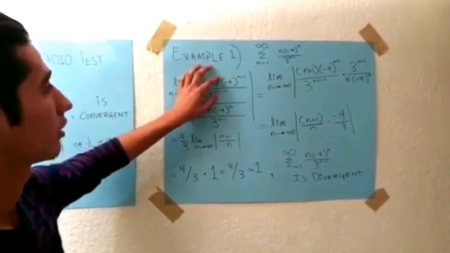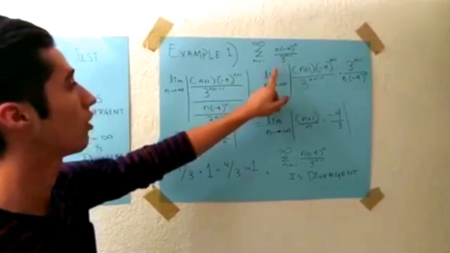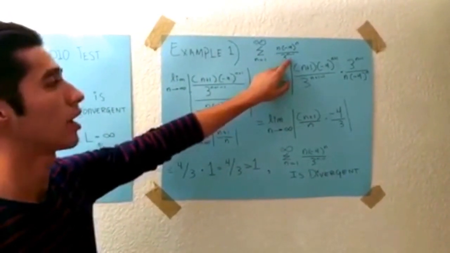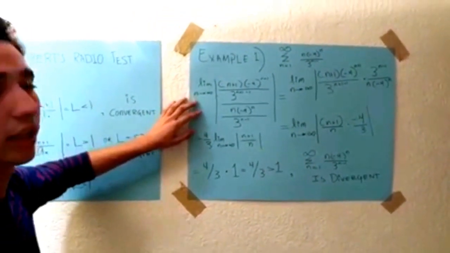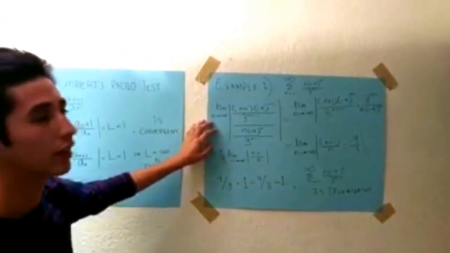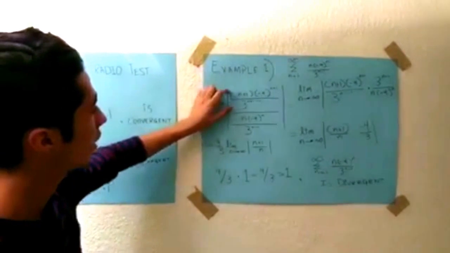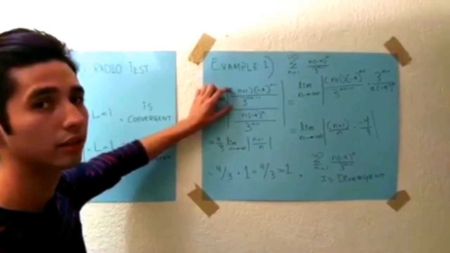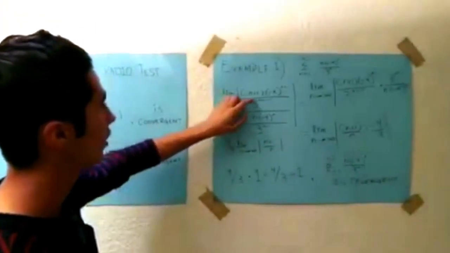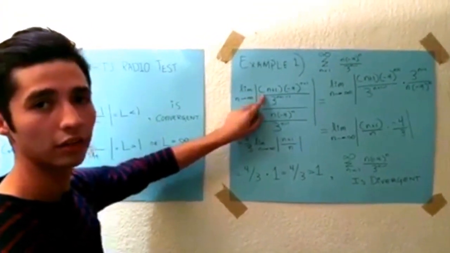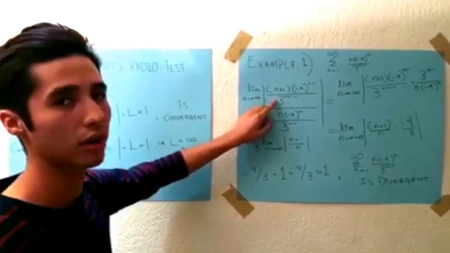In this case, the sum of n times minus 4 to the n over 3 to the n minus 1, we have that the limit as n goes to infinity of the absolute value of this. Here n represents n plus 1, so all n's will be replaced with n plus 1.